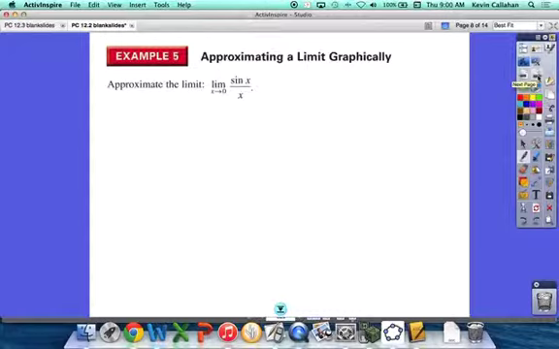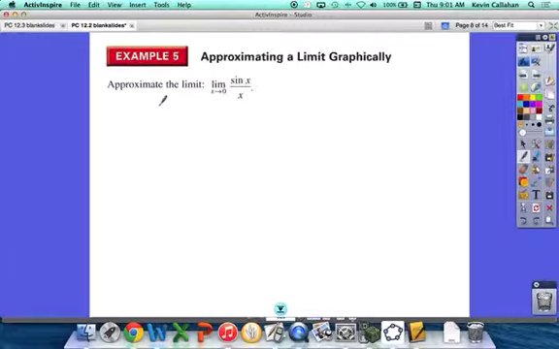Okay, approximating a limit graphically, which means we're going to put it in the calculator and look at the graph. What would we get if we tried to do direct substitution at the beginning here? If I plug in a 0 for x here and here, what do I get? It's an indeterminate form, right? This thing does not have a value at x equals 0.